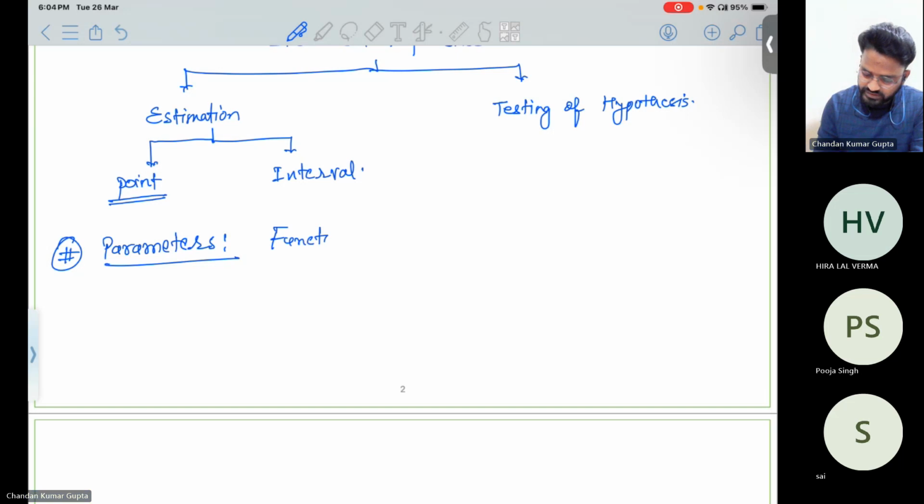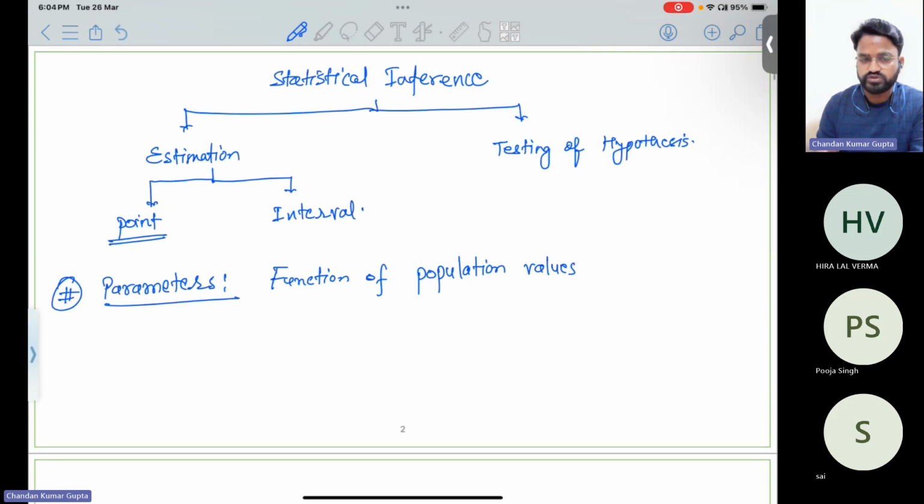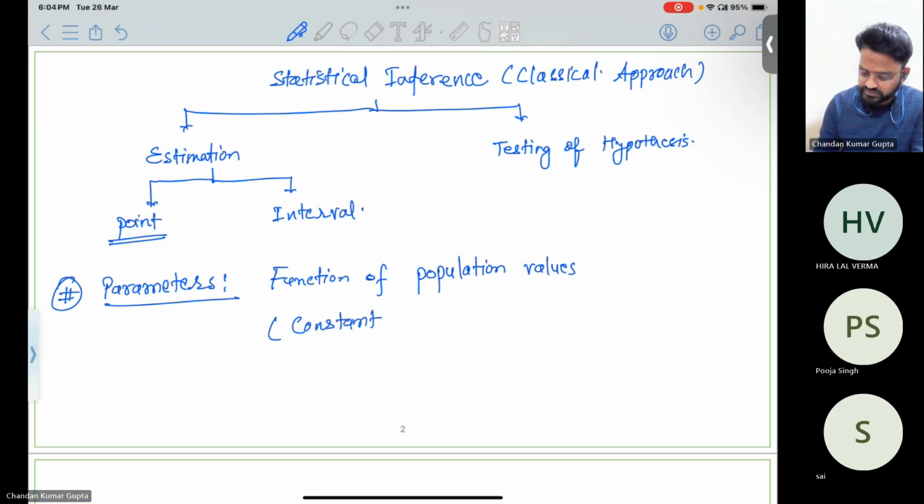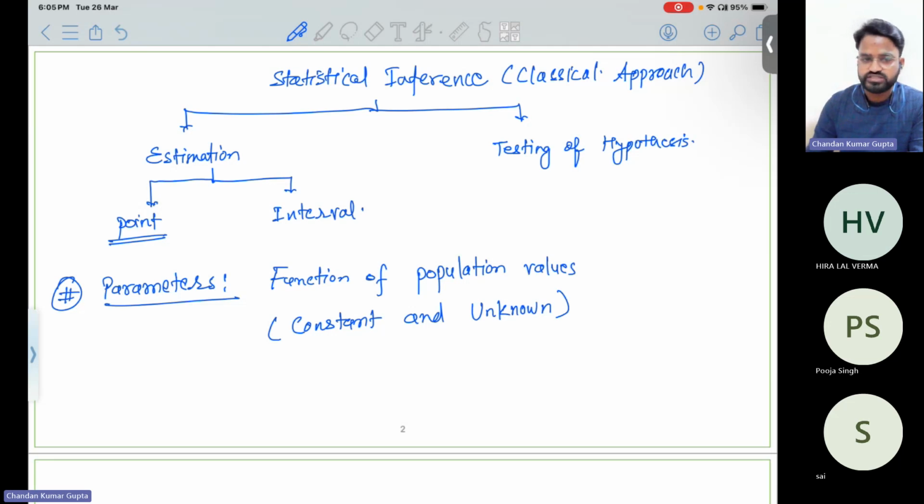We are going to discuss statistical inference in the classical approach. In the classical approach, parameters are constants and unknown. So we will mainly try to estimate these parameters, which are nothing but functions of population values.